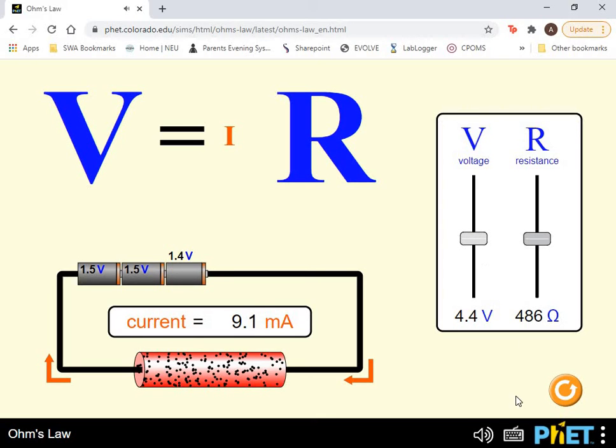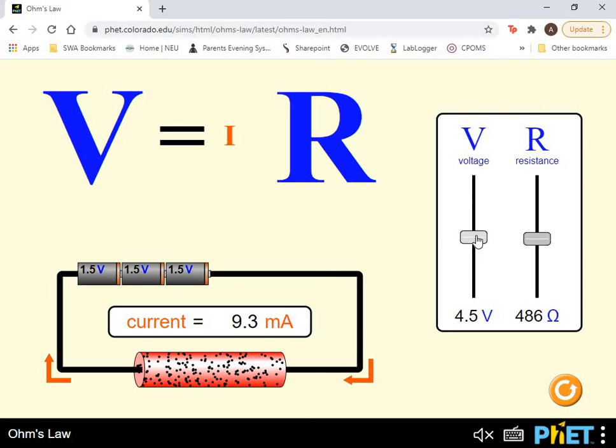I'm going to turn that volume off. We can change things and we can see what happens. So at the moment I've got 3 1.5 volt batteries in my circuit. You can see this is my resistor here. You can see the electrons in there. The current flowing through my circuit is 9.3 milliamps.